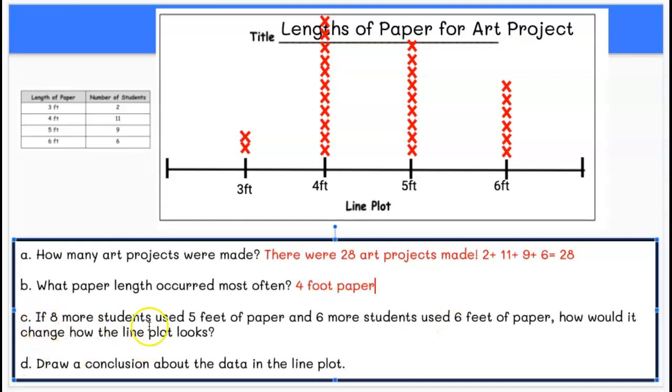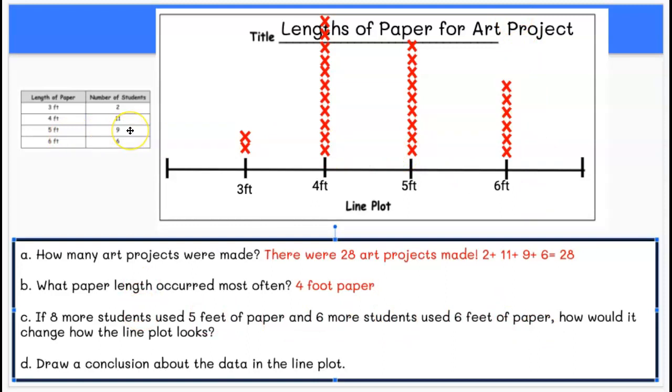All right, next question. If 8 more students used 5-foot paper, 5 feet of paper, and 6 more students used 6 feet of paper, how would it change how this line plot looks? So let's talk about that. I would have to add 8 more students on here, and 6 more students for 6-foot paper.